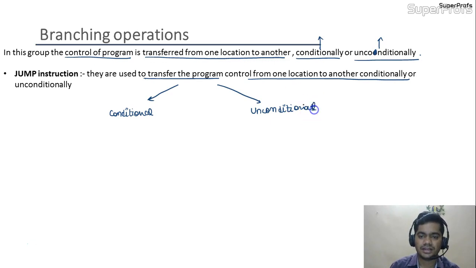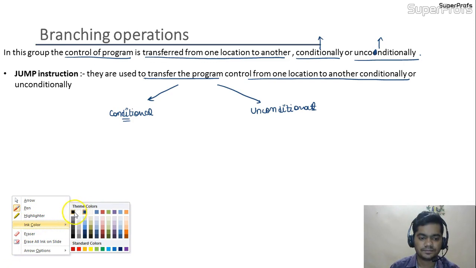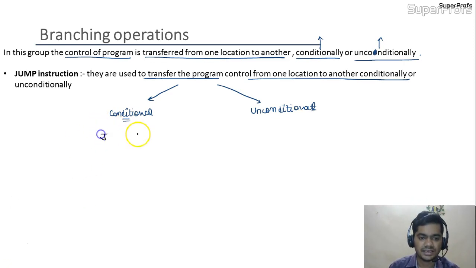The conditional instructions would be JZ, that is, jump on zero flag: jump if result is zero, to a 16-bit address. This is the format. Then jump if result is non-zero, to a 16-bit address.